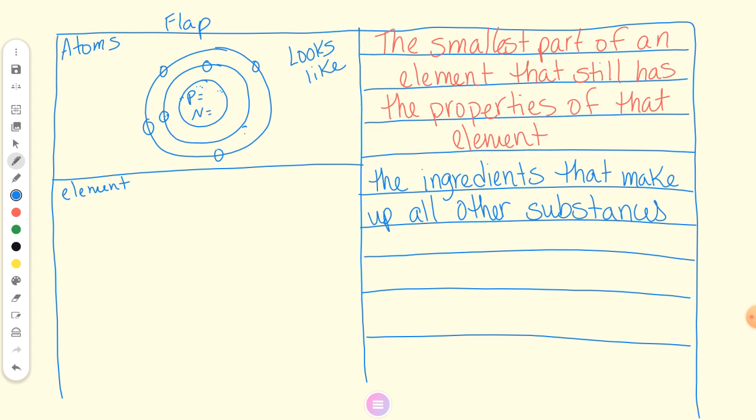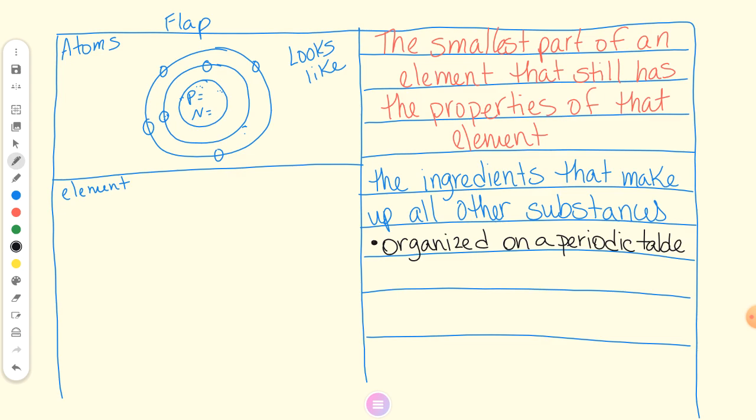We're going to add a little bit to that. That is the definition, okay? But like I said, we're diving a little bit deeper. So we're going to add, just make a bullet point and put organized on a periodic table. Organized on a periodic table.